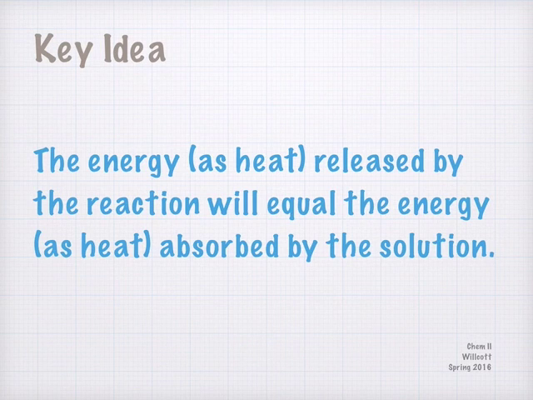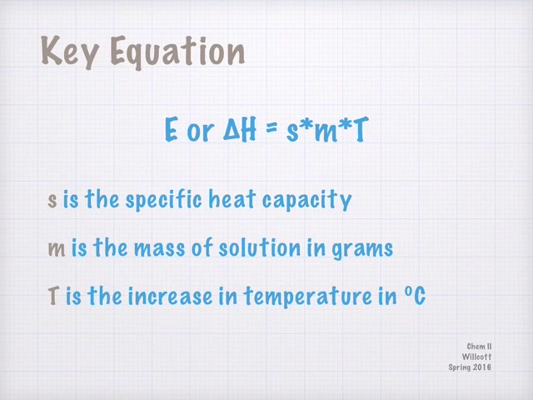So wrapping this up, the key idea is that the energy, which would take the form of heat, released by the reaction will equal the energy, again in the form of heat, absorbed by the solution. The key equation that we're going to use in solving these is that energy, or enthalpy, is equal to S times M times T.